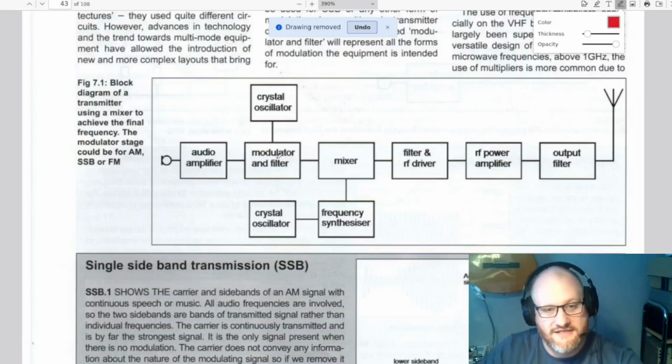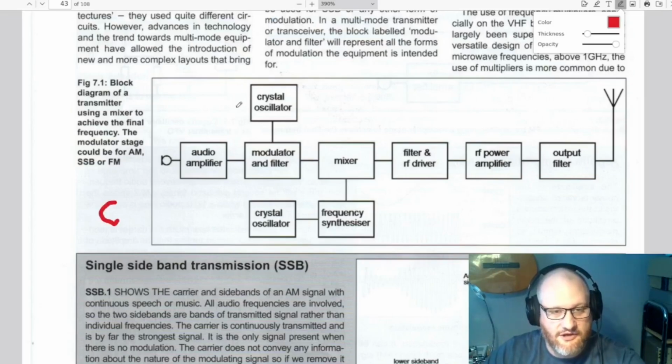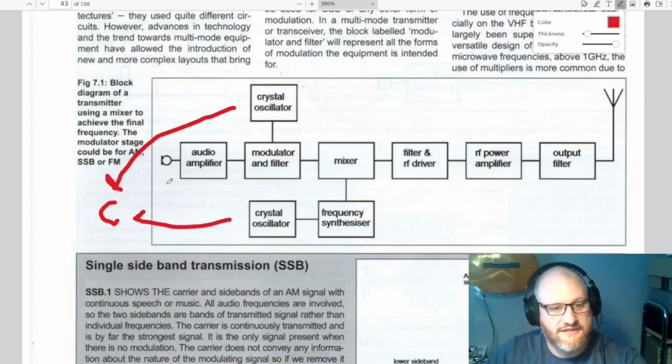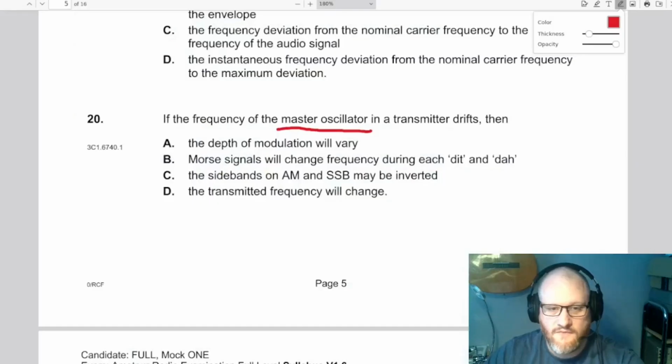It doesn't matter in particular what this is doing, and we can see here we've got a crystal oscillator which is feeding this modulator and filter, and another one feeding this frequency synthesizer, and we're kind of implying that everything is being fed by another crystal oscillator. So this crystal oscillator maybe is a divided version of this master one over here, as is this one, can be multiplied up or multiplied down, and we have a single oscillator driving everything within this transmitter.